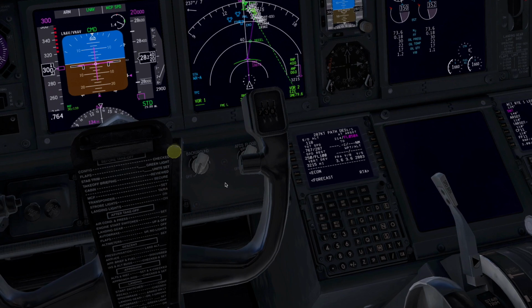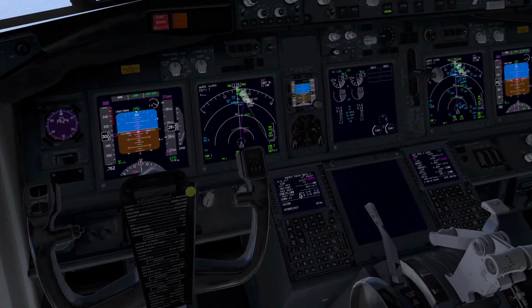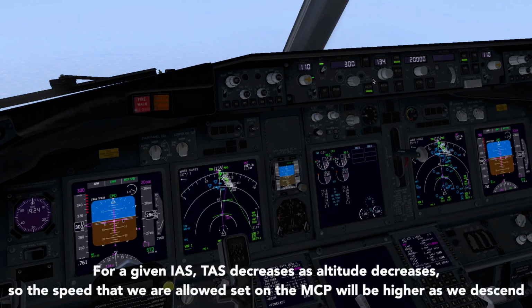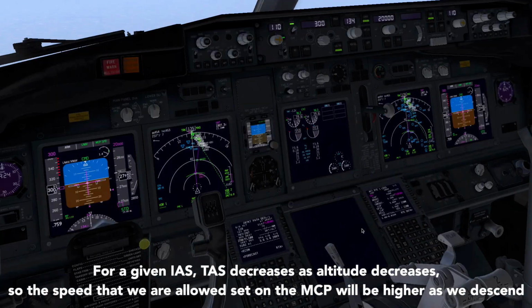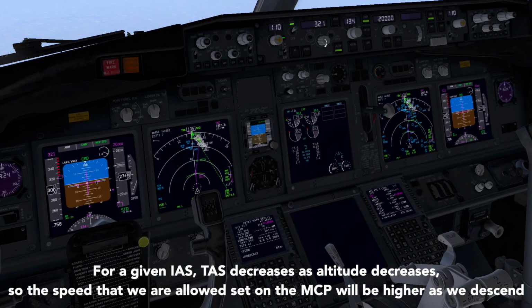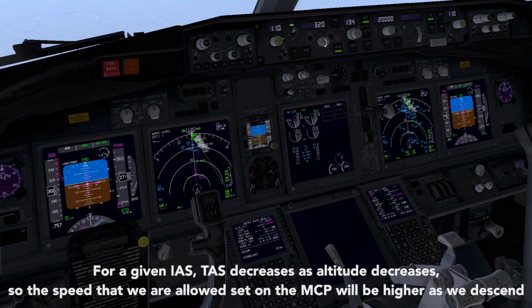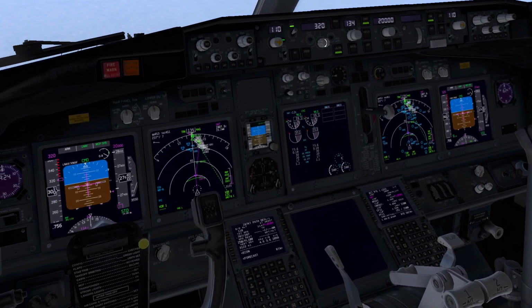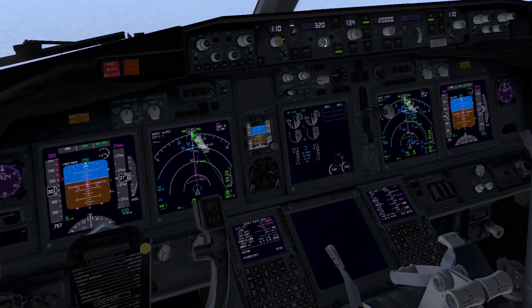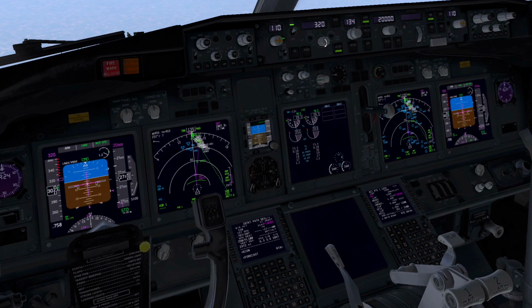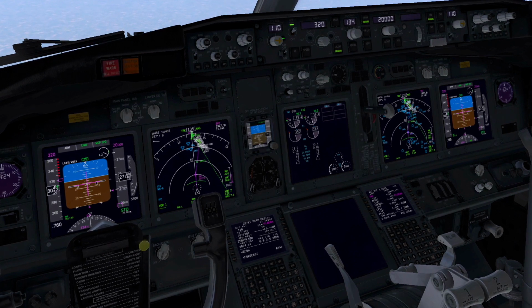This can be done in several ways. One of those is increasing indicated airspeed or extending the speed brake. In this case, we'll increase our airspeed to 320, and let's gain some energy back so we can descend faster.